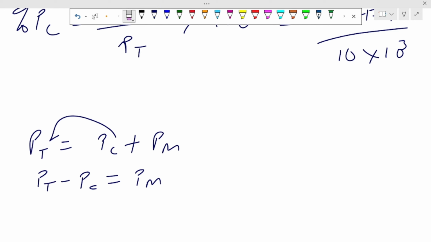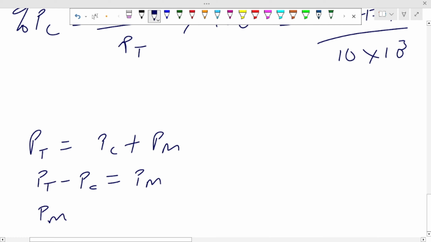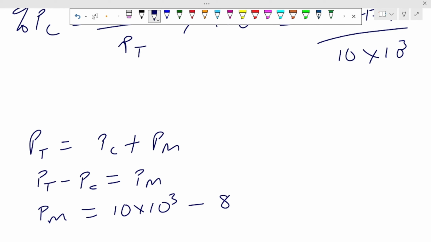Just like saying move this one this way and that kind of thing. And of course we already have, so PM will be what? P total, we have it as 10 times 10 to the power 3, minus PC, we have it as 8.47 times 10 to the power 3.